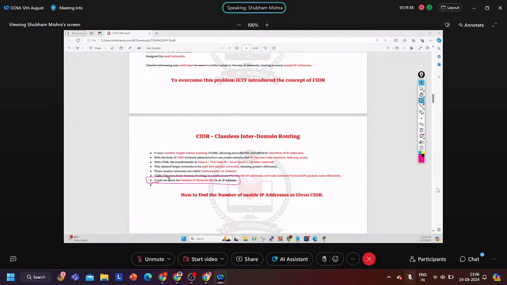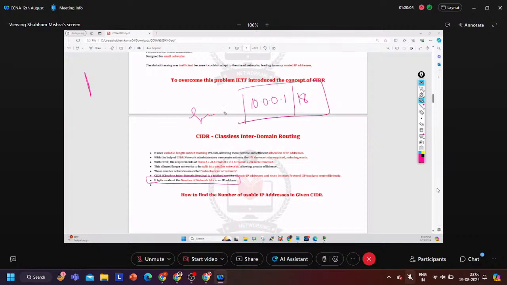You guys understand? See here. Let's suppose I am writing 10.0.0.1, and here, guys, one more thing: we represent CIDR by this notation, /. So let's suppose I am writing /18. I'm just giving you one example to make you understand.